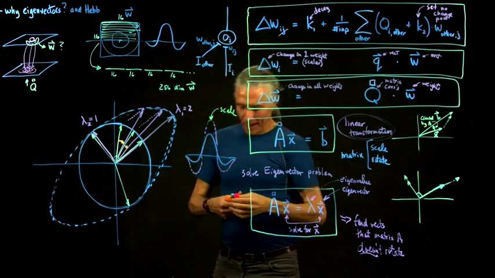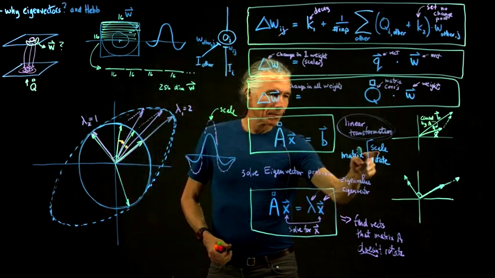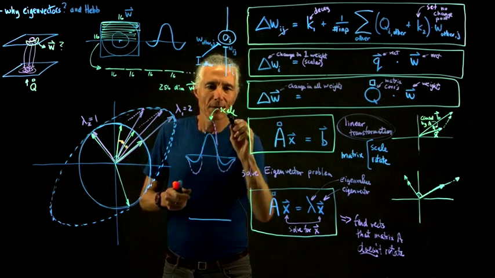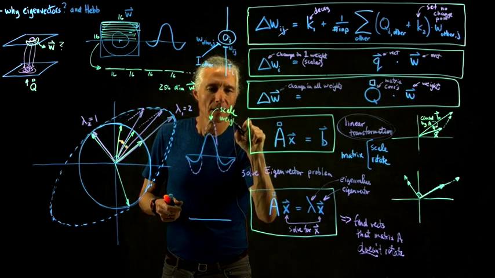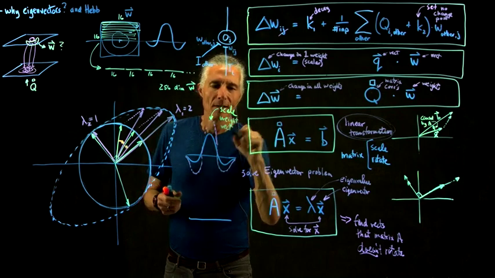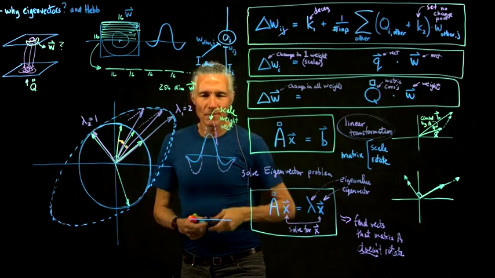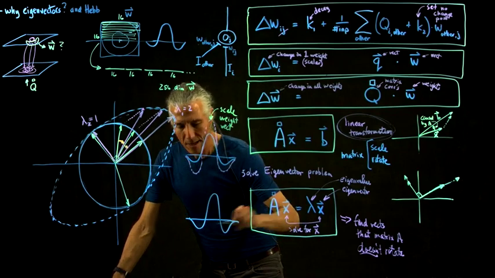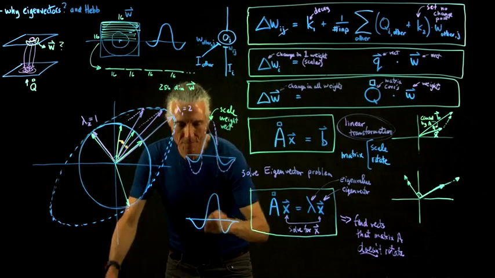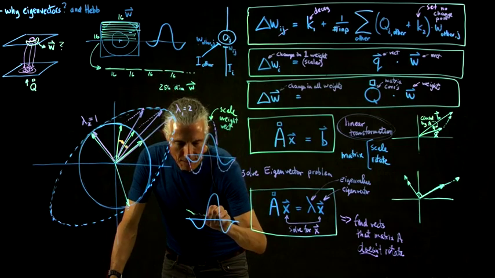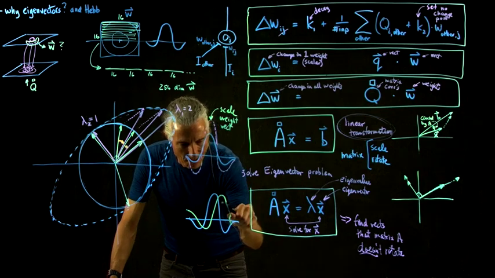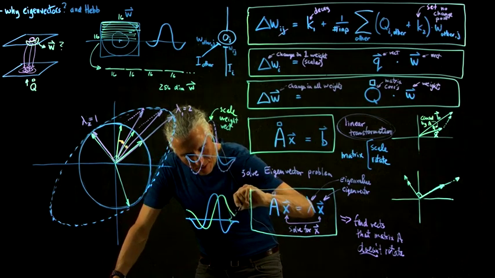But if we rotate the weight vector, it'll change its shape. So say it might go from something like that to something that looks like this. Make it wrap around.